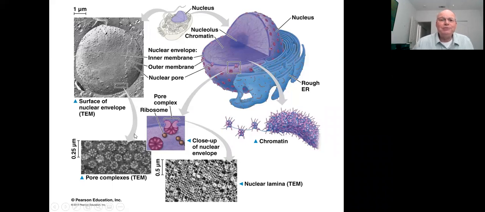These are the gatekeepers to the nucleus. These allow some things into the nucleus, they allow some things out of the nucleus, but they specifically prohibit random crossings into the nucleus. They are the gatekeepers, they are filters. They do regulate what can move into and out of the nucleus.